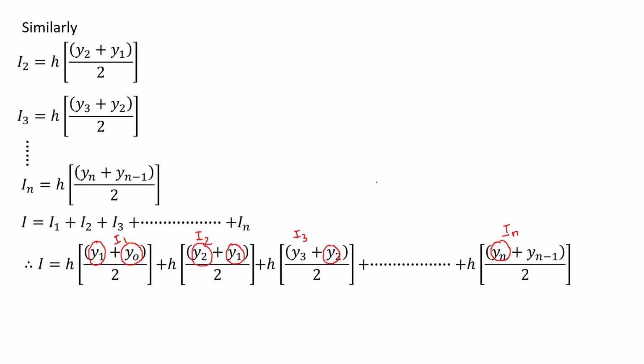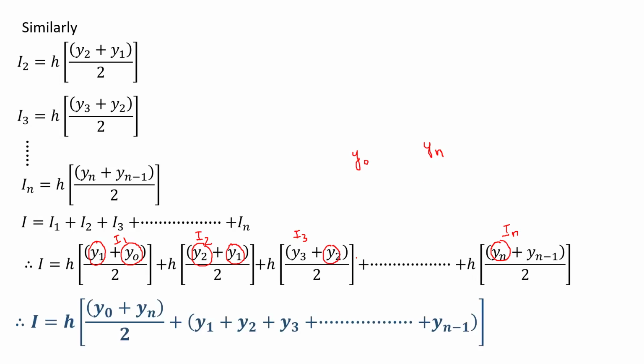So only the first vertical y naught and the last vertical yn appear once; all other values appear twice. So we have y naught plus yn by 2, because these are single, and then y1 by 2 in I1 plus y1 by 2 in I2, which gives y1, and so on: y1 plus y2 up to yn minus 1.